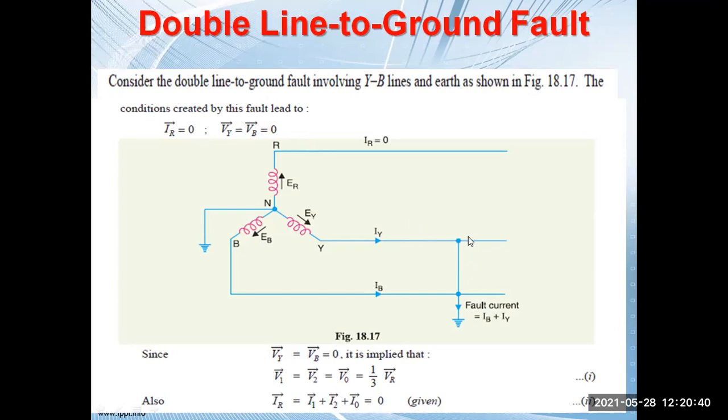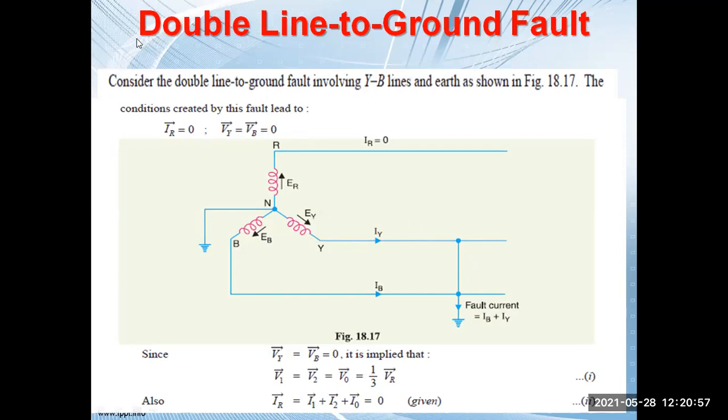when there is a fault, this is a thumb rule. You have to understand this very clearly. If there is a fault, the voltage will be 0 and the current will be high. Yes or no? This is a very basic thumb rule.